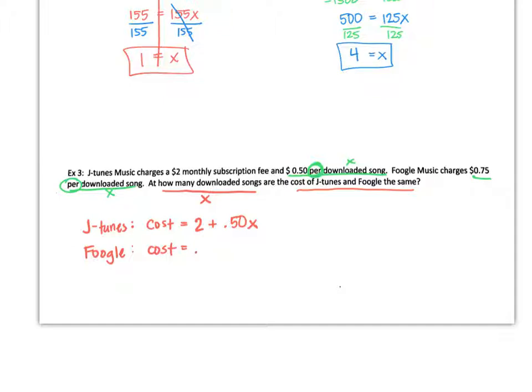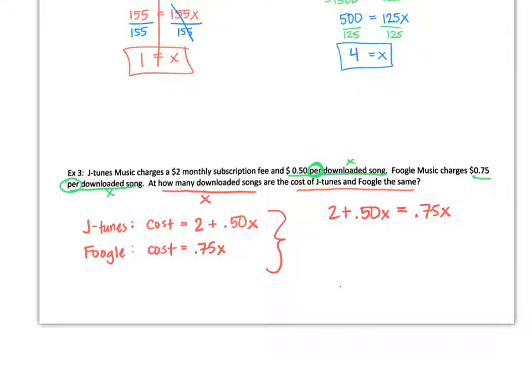It's just 75 cents per X or per downloaded song. And that's it. We want both of these costs to be the same. So that means that 2 plus 50 cents times X, we want that to be equal to 75 cents times X. We want the cost to be the same. We also want the X's to be the same, the number of songs.